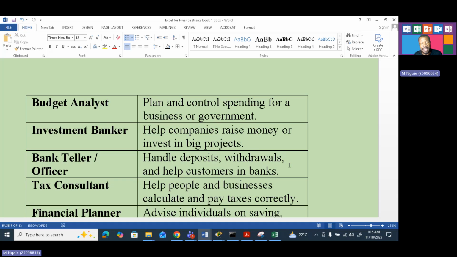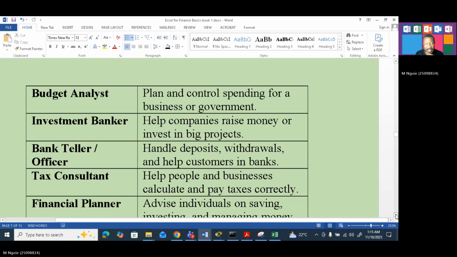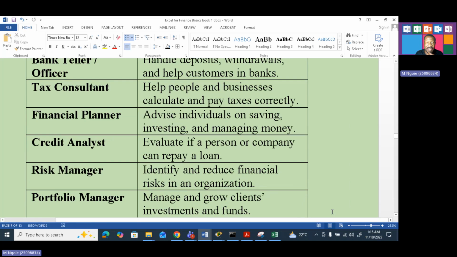You can also work as a tax consultant, helping people in business calculate and pay taxes correctly.